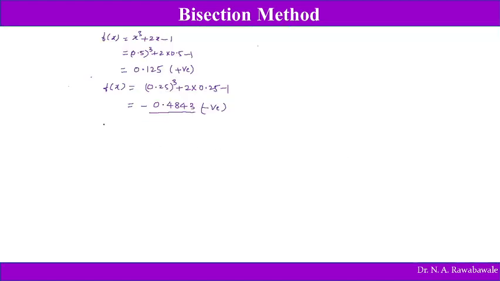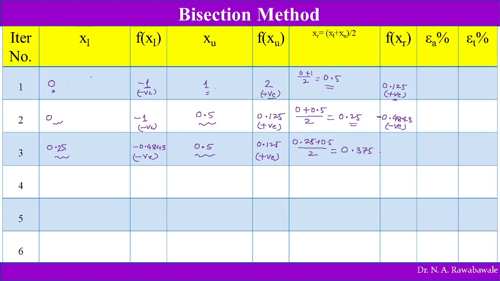So f of x is 0.375 to the power of 3 plus 2 into 0.375 minus 1. So the function value at 0.375 is minus 0.197, so this is negative.